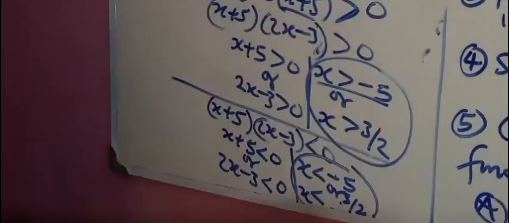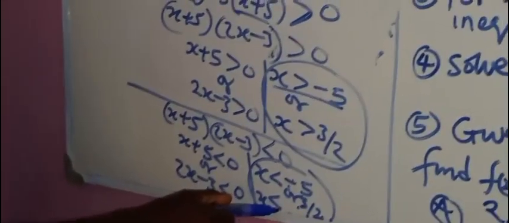But if you pick x less than 3/2, which is 1.5: 1.5, 1, 0, -1, -2, -3, -4, -5. You will definitely come in contact with -5. So that means this one, you pick this. x less than 3/2.